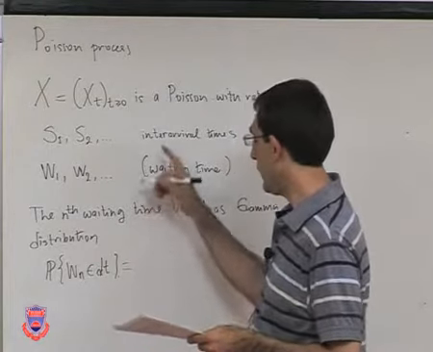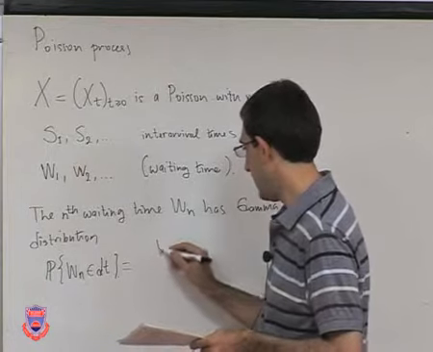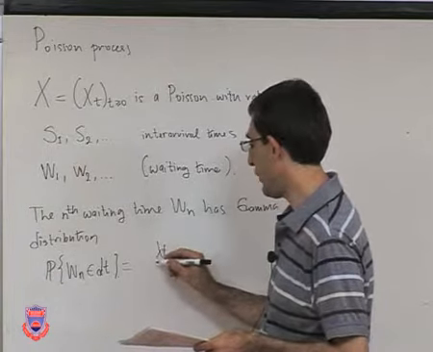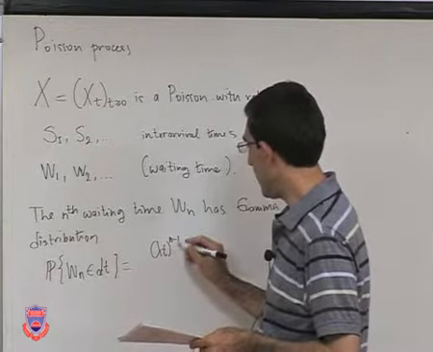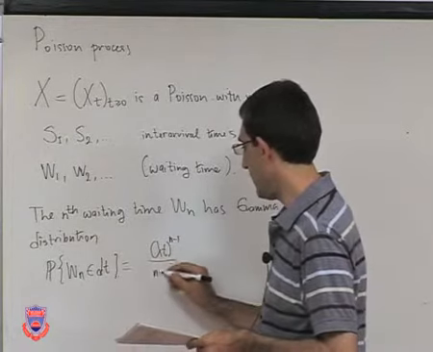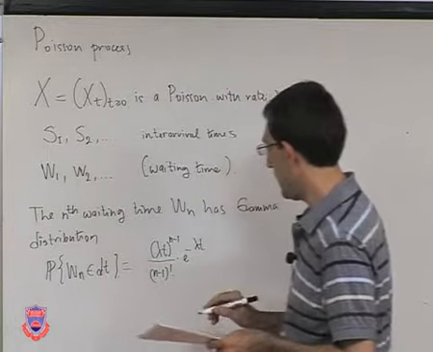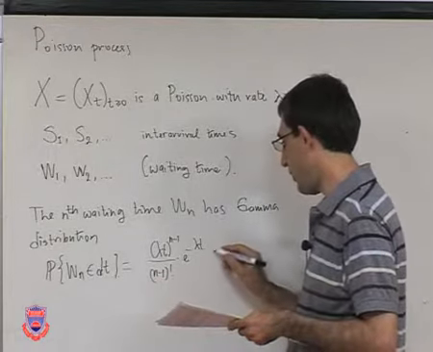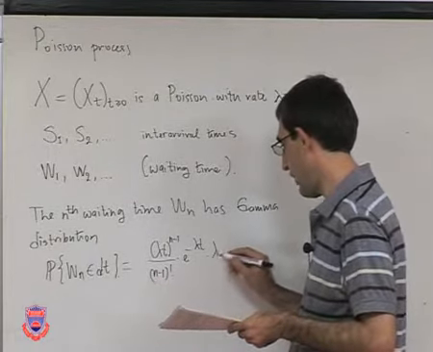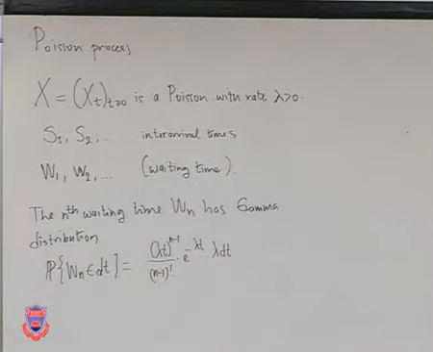Since we are dealing with a Poisson process, its probability is going to be lambda t to the power n minus 1 divided by n minus 1 factorial times e to the minus lambda t. Right? And then in the next dt units of time, we expect to have one event to happen, whose probability can be approximated by lambda times dt.